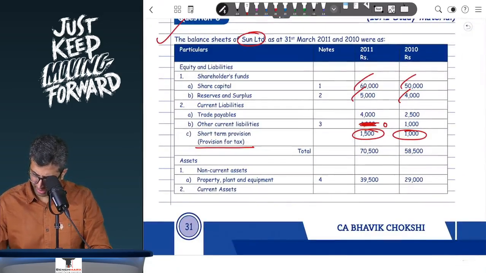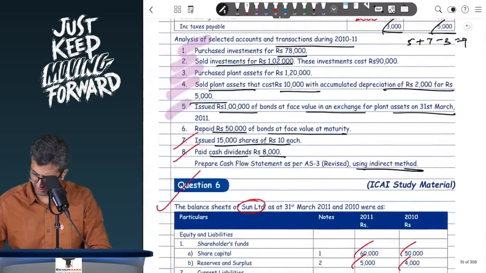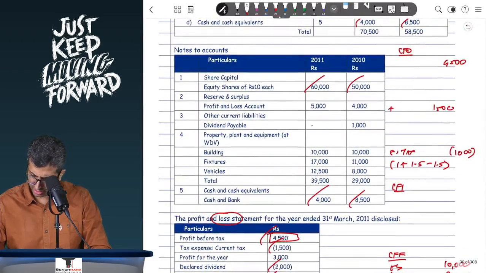Then you have trade payables. Over here there is an increase in trade payables, so you will add 1,500 plus trade payables increase, you will add 1,500. Then you have other current liabilities. 1,000 to 0, it seems, one second, 1,000 and 0.